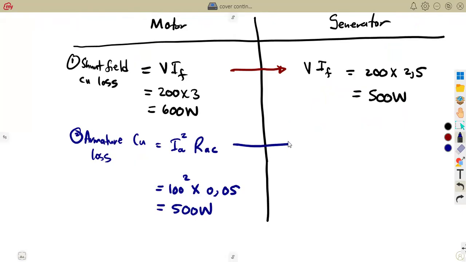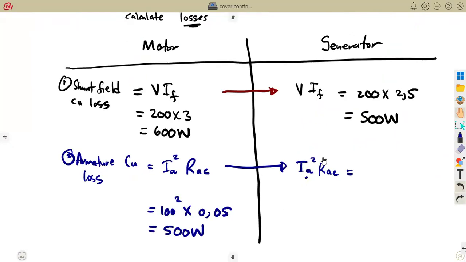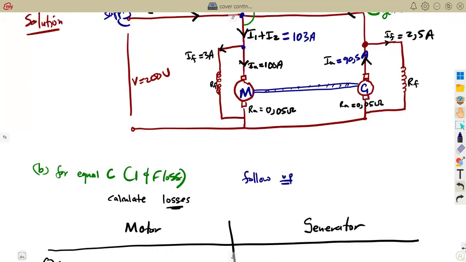You do the same thing, calculate the armature copper loss on this side, but of the generator, meaning the armature current must be of the generator. From the generator side, what is the armature current? We calculated this, that is 90,5. The resistance of the armature is the same.